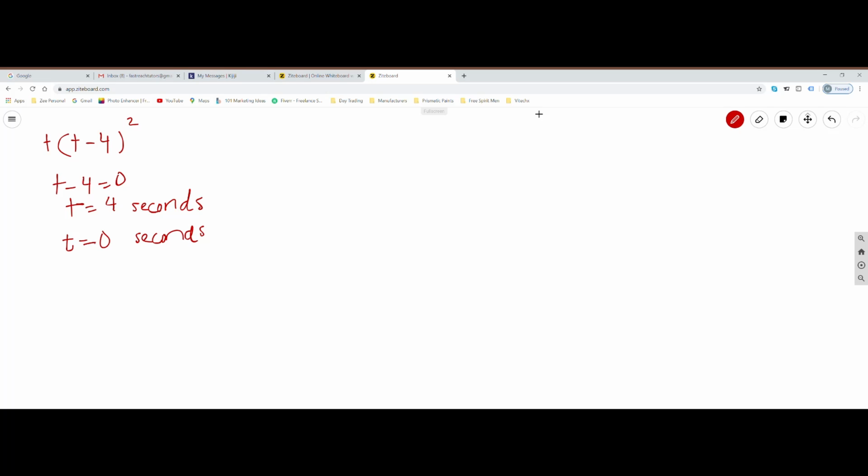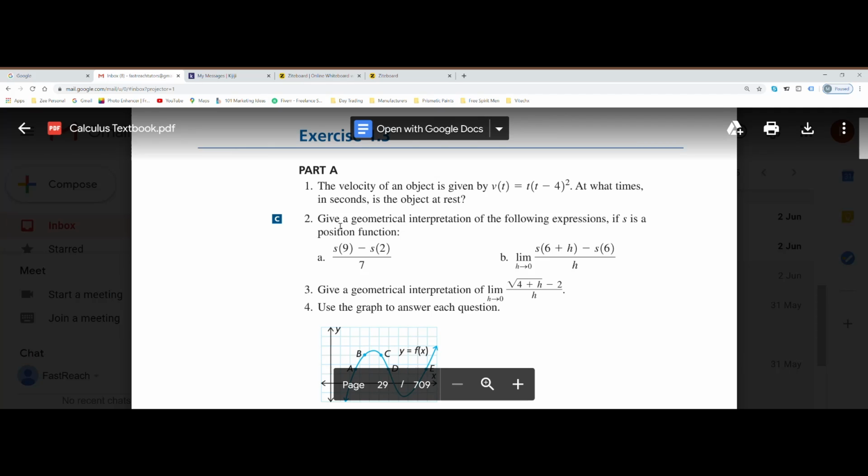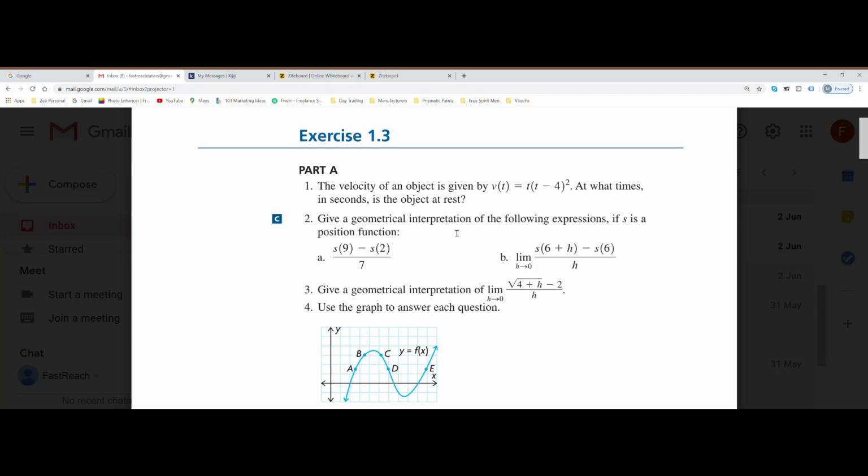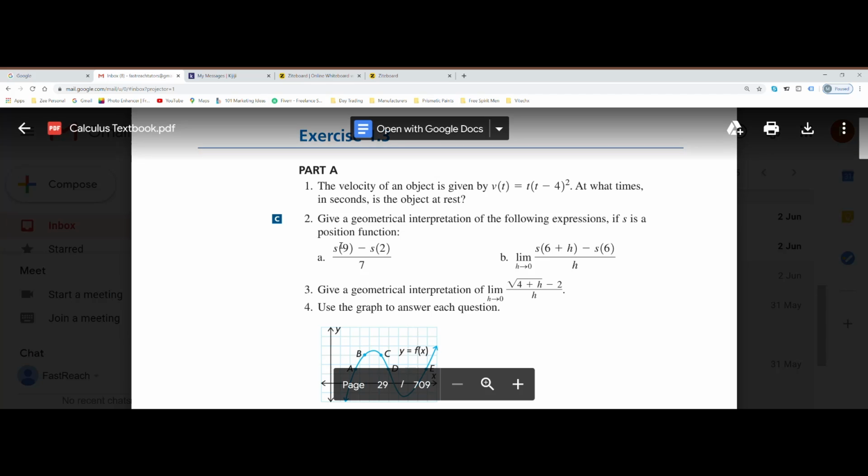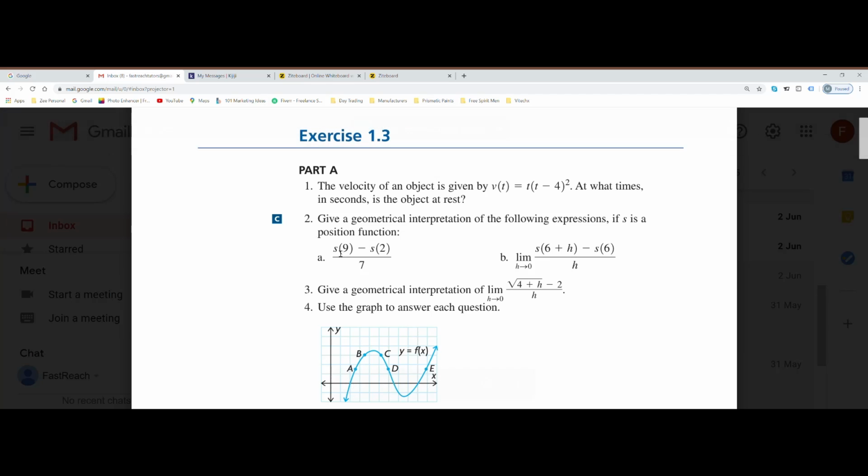Okay, let's do the next question. Give a geometrical interpretation of the following expression if S is a position function.